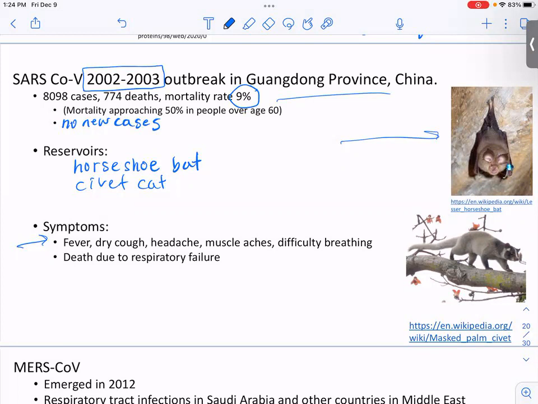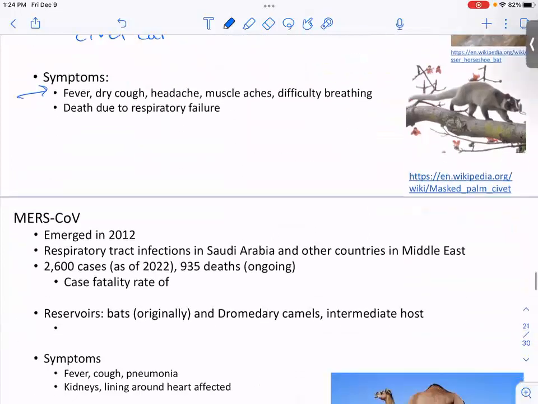So that's the whole concept of the wet market, where there are all these different animals from all over the world mixing around, and that can be a bad recipe for some zoonotic infection. Okay, so that's just a little bit about SARS. No vaccine, no treatment really. We haven't seen it since 2003.